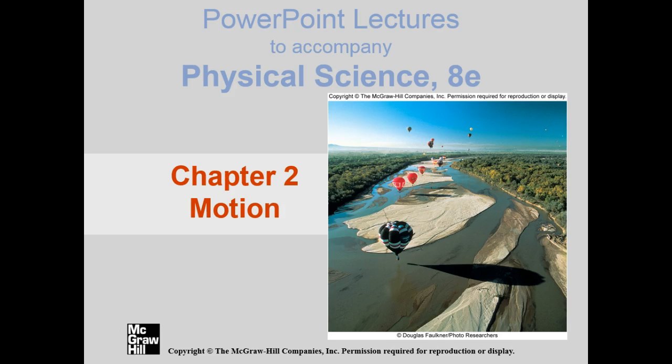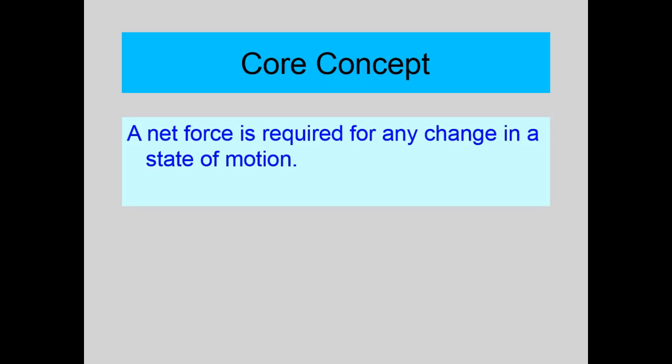If you remember back in chapter 1 that we did on Tuesday, we looked at some of the things. It was mass, length, time, temperature, some of those were the basic features. We're going to focus on the distance and time in this chapter. That defines motion. Now, what you were saying with energy or work, stepping back a notch, a net force is required for any change of your state of motion.